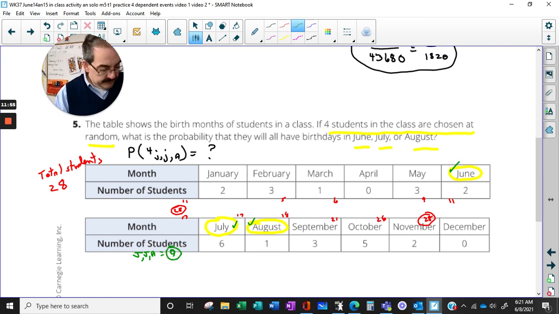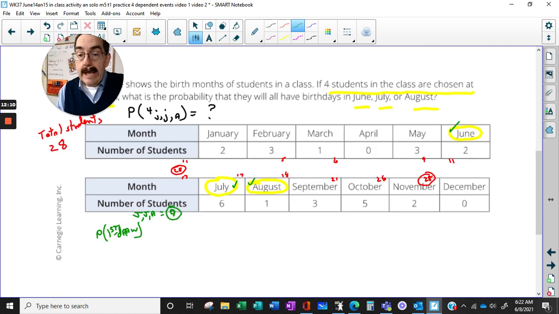Okay, all right, so probability. Probability of the first draw, okay, probability on the first draw is going to be 9 of the 28. 9 of 28.